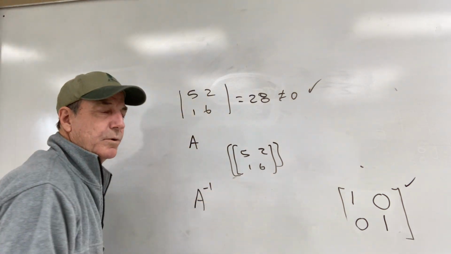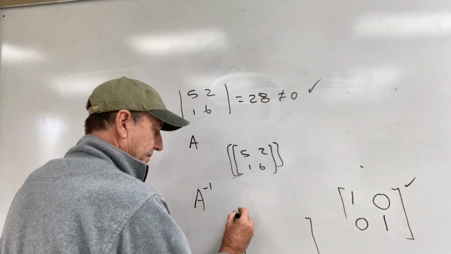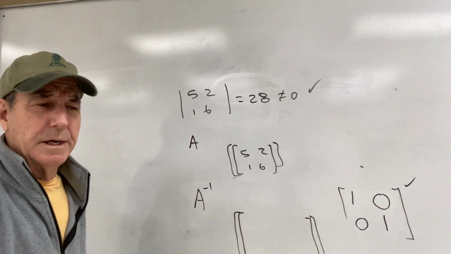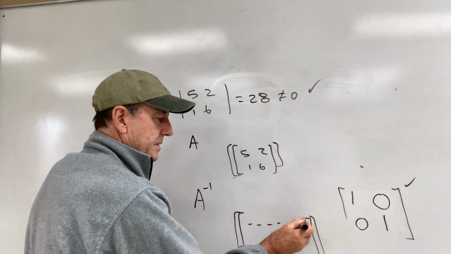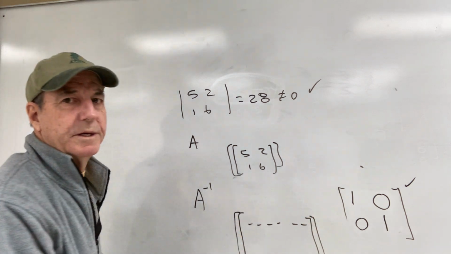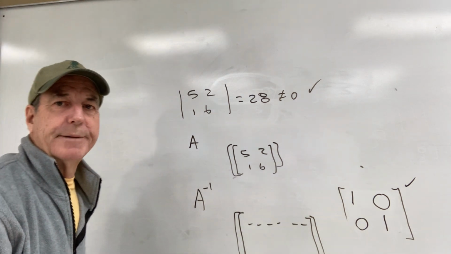Just use the little -1 button like with trig inverses. It will spit out the inverse matrix. Now, it will probably be decimals, and there may be a lot of decimals there. So after you get it with all these numbers here, you might want to convert it to fractions, and then even then the fractions would be reduced down to lowest denominator. But we want you to do it by hand. Okay.